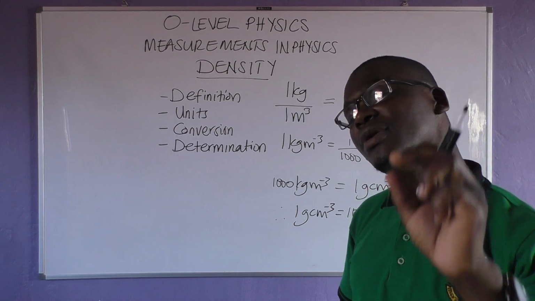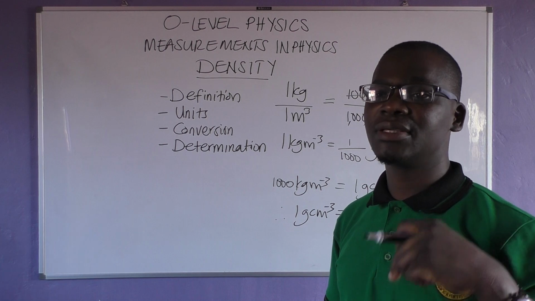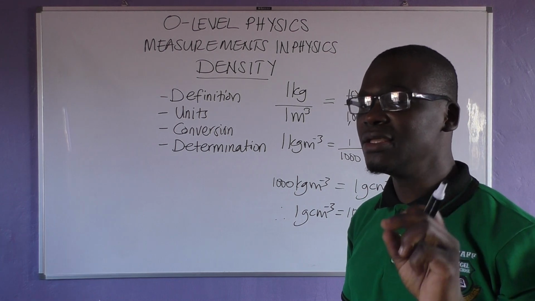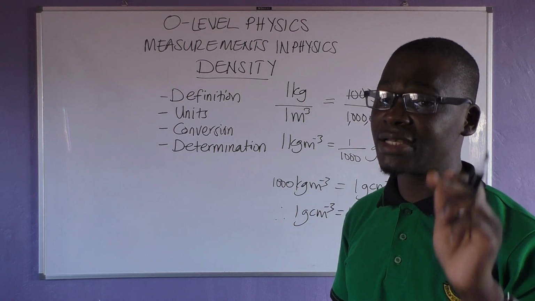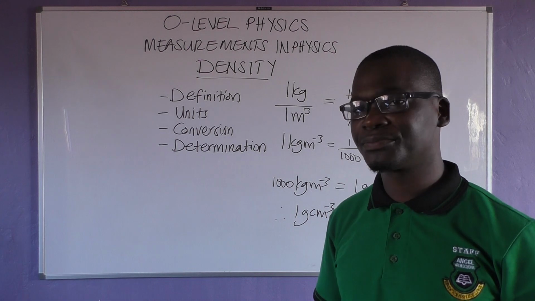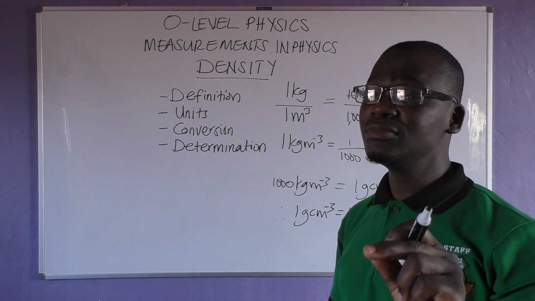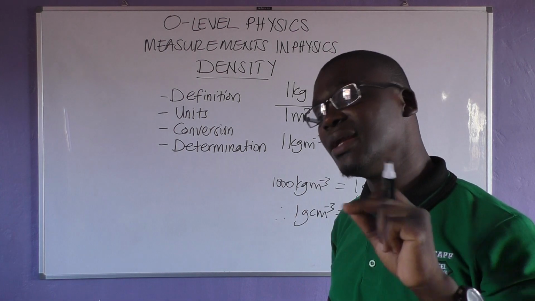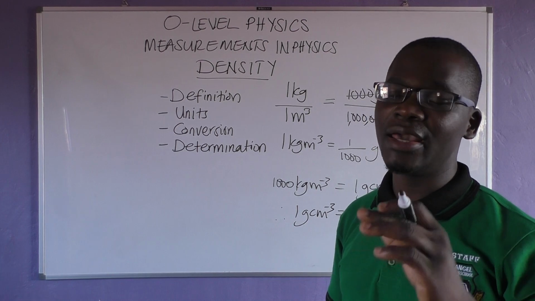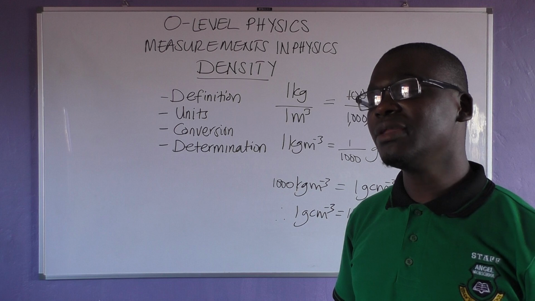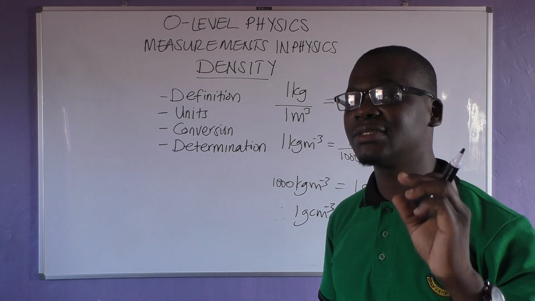If the solid is regular, we get the volume by measuring the dimensions and using a suitable formula for volume. But if the solid is irregular, we get the volume by either the displacement method or the overflow can method. Then we calculate density using the formula of mass divided by volume.